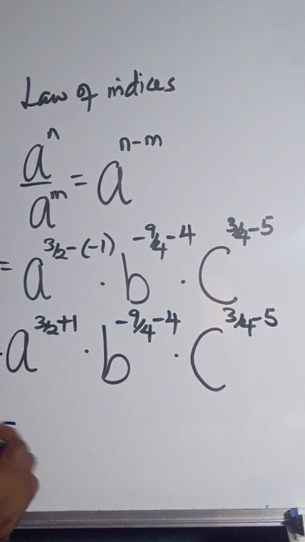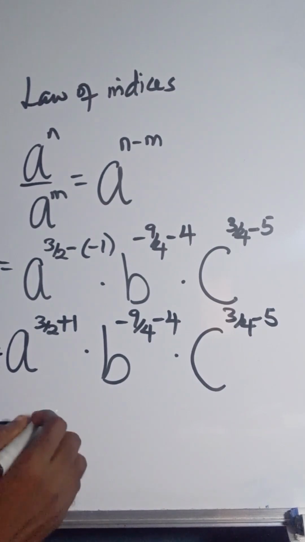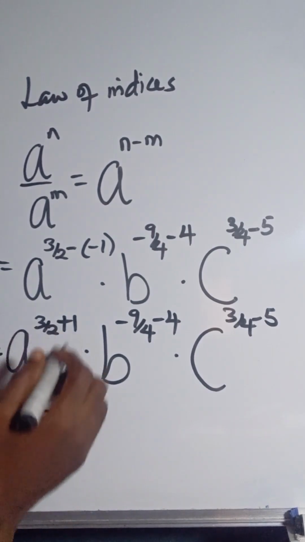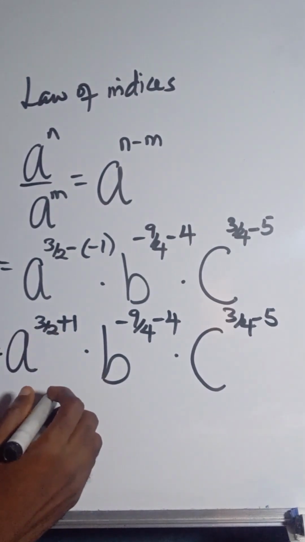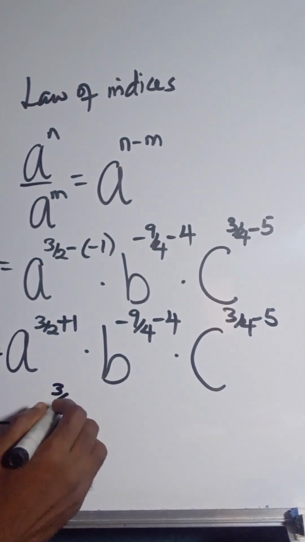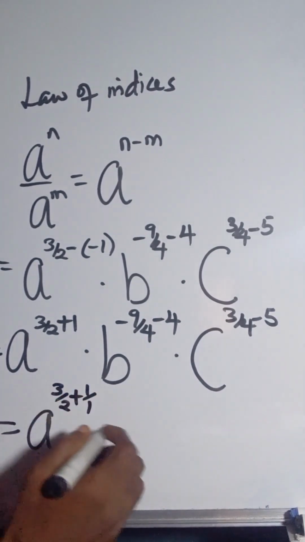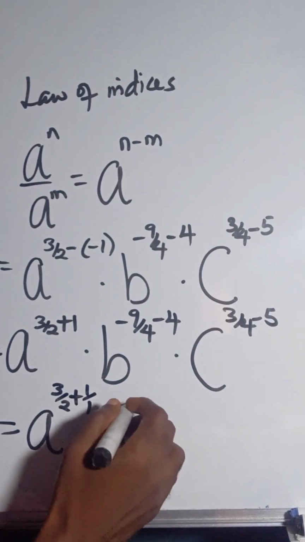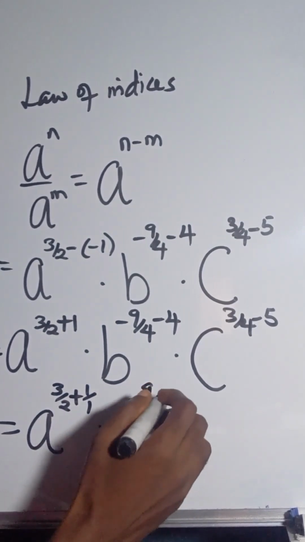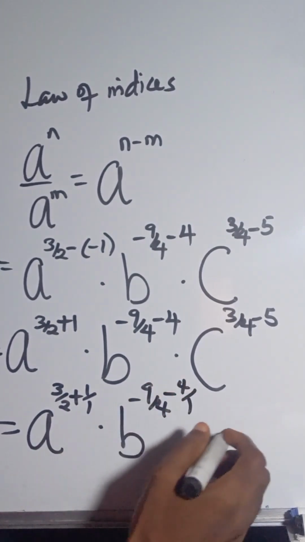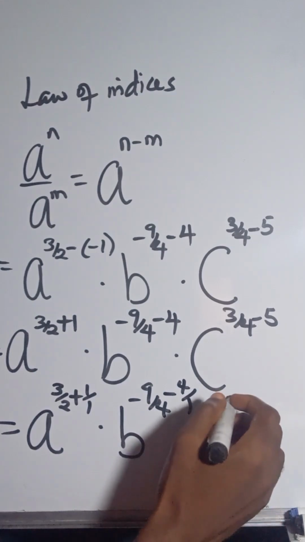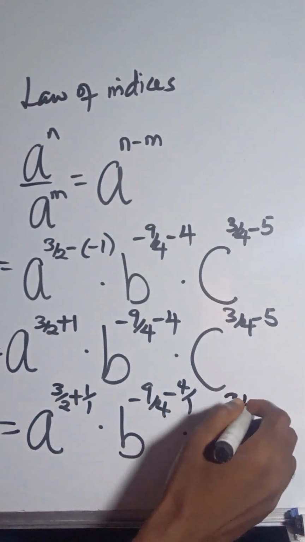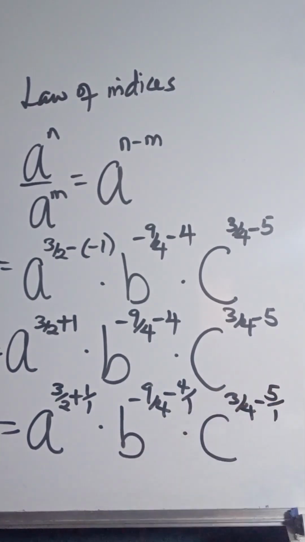I have 3 over 2 plus 1 over 1, b raised to power minus 9 over 4 minus 4 over 1, and c raised to power 3 over 4 minus 5 over 1.